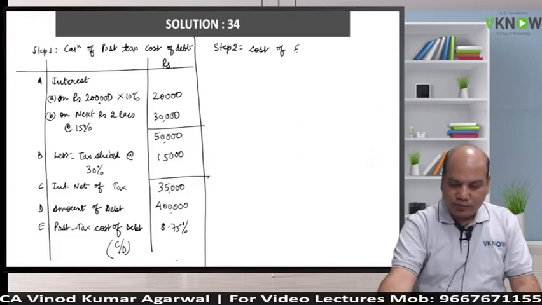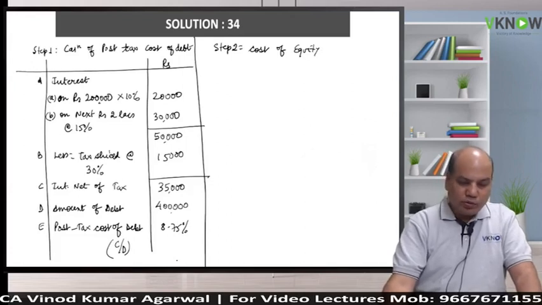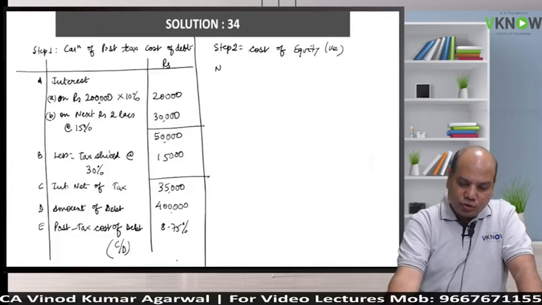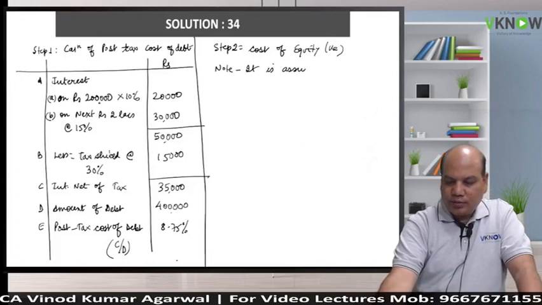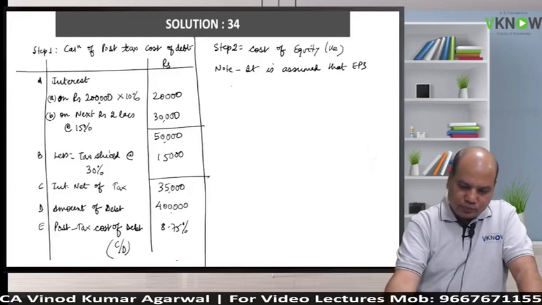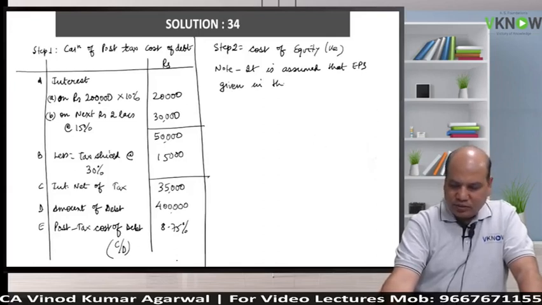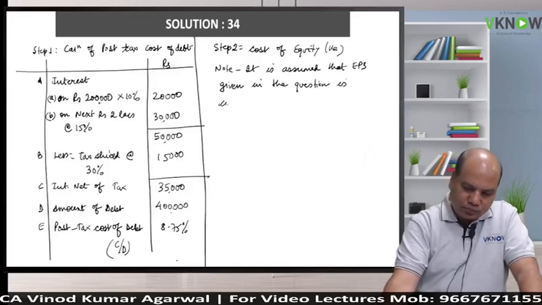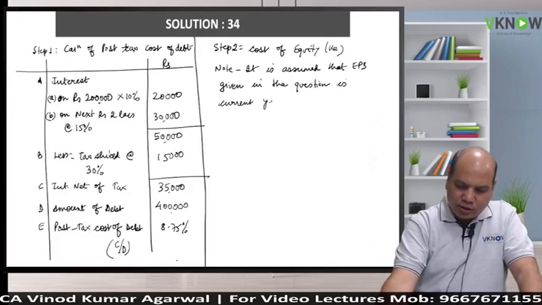Step 2, write cost of equity, KE. Note, it is assumed that EPS given in the question is current year EPS.